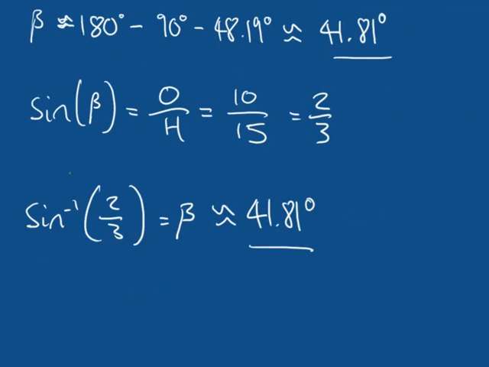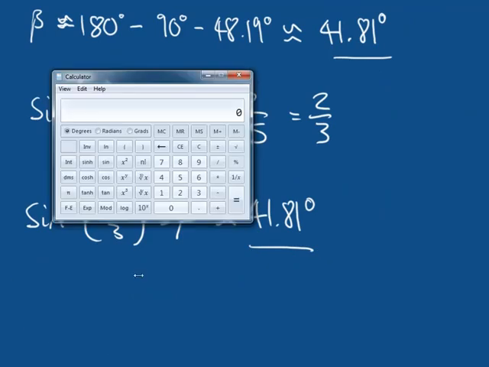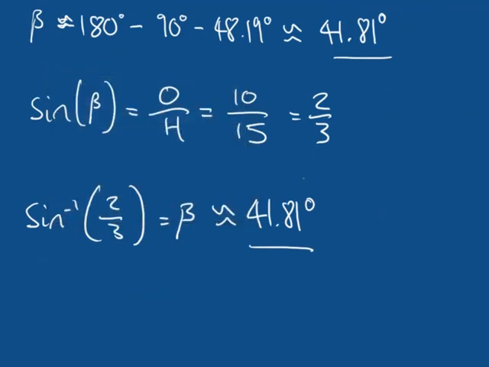Once we have that ratio, we can calculate the inverse sine, in this case, of that ratio, and that will give us the angle. Once again, just make sure that if you're wanting results in degrees, you are set to degrees on your calculator and not radians. But that is all there is to using the inverse trigonometric functions to find angles in a right-angled triangle.